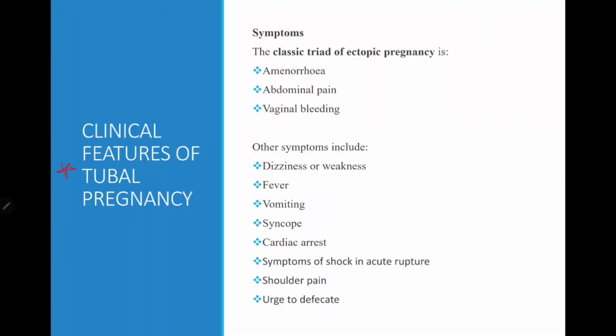Now let's look at the clinical features of tubal pregnancy. So what are all the symptoms of tubal pregnancy? There is a classic triad of ectopic pregnancy, a very important triad.